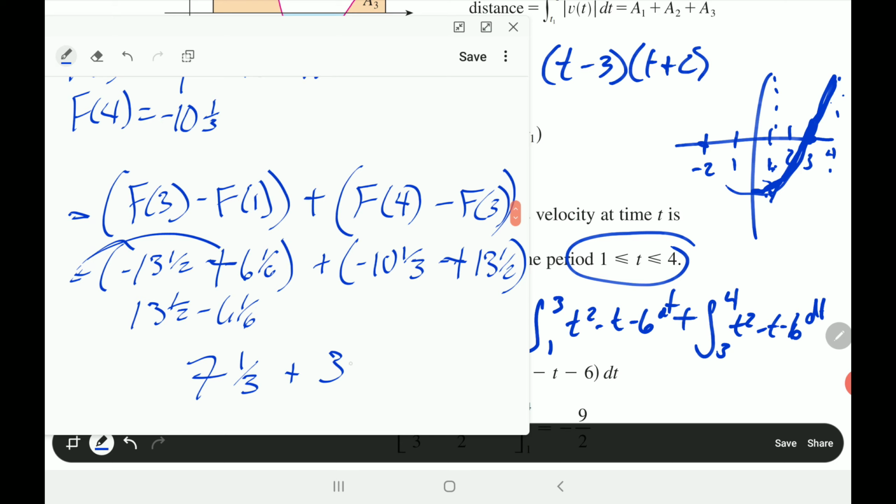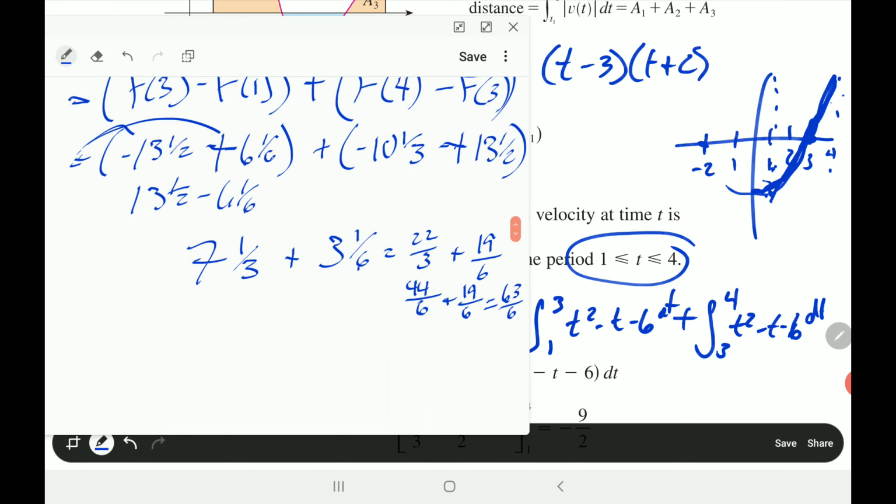Oh no, 1/2 minus 1/3 is 1/6. So, or we could write it as 22 over 3 plus 19 over 6, which would be, if I multiply by 2, 44 over 6 plus 19 over 6, which is 63 over 6, or divided by 3, 21 over 2.